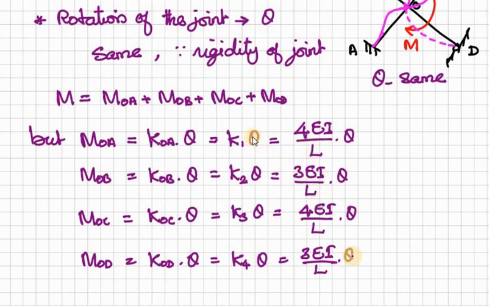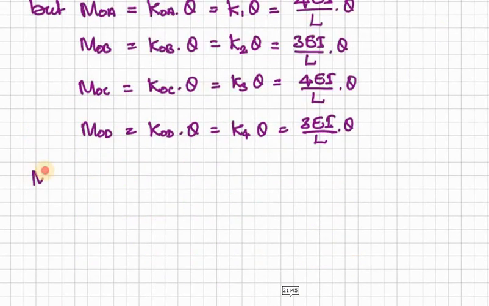And now we substitute these values in this equation. MOA divided by KOA is equal to theta. Similarly for others, MOB divided by KOB is equal to theta. So theta is same for all. Therefore, MOA divided by KOA is equal to MOB divided by KOB, and so on.